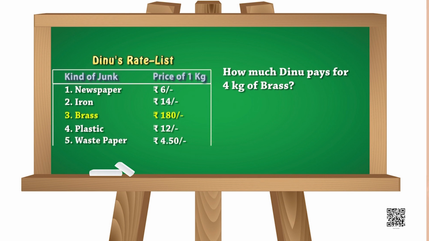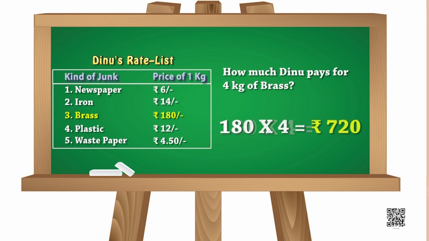Similarly, how much does Dinu pay for 4 kg of brass? For every kg of brass he pays 180 rupees. So, therefore, for 4 kgs, 4 into 180 is rupees 720.